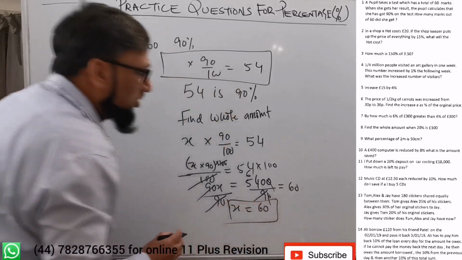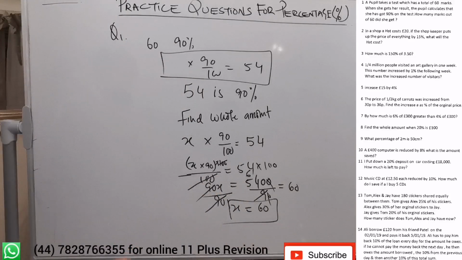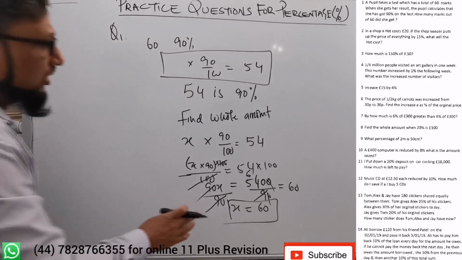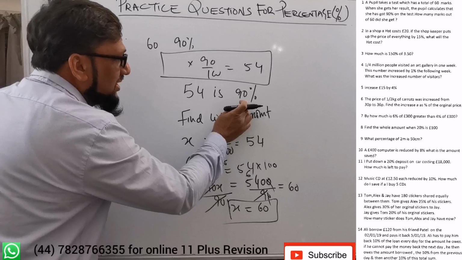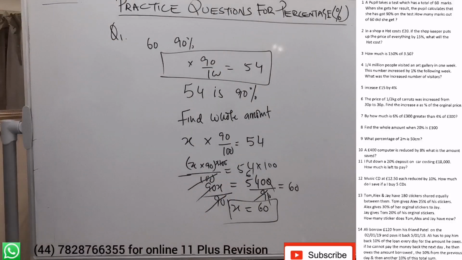So x equals 60 means the whole amount is 60. 54 is 90%, so the 100% will be 60, which was the total marks.